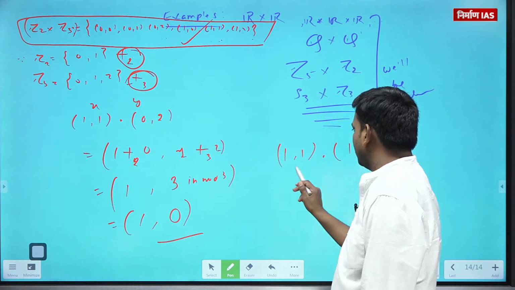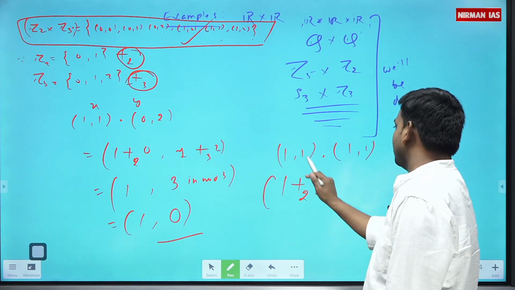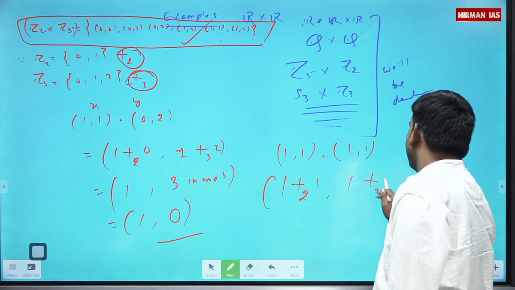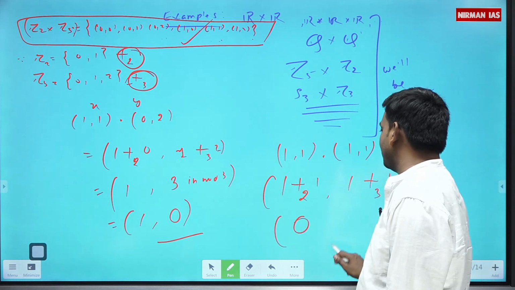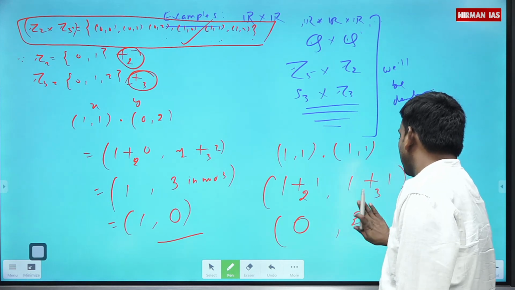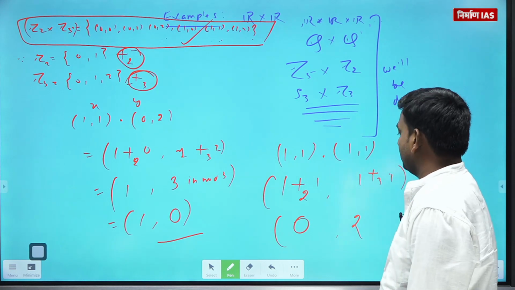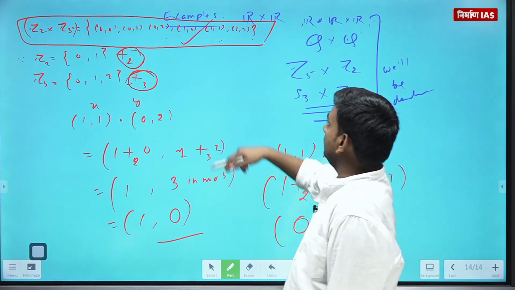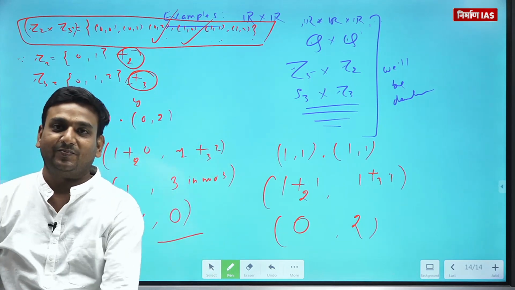No problem. The first entry with the first composition, the second entry with the second composition. So 1 + 1 is 2, in mod 2 that is 0. 1 + 1 is 2, in mod 3 that is 2 only. So again (0,2) is an element of Z2 cross Z3.